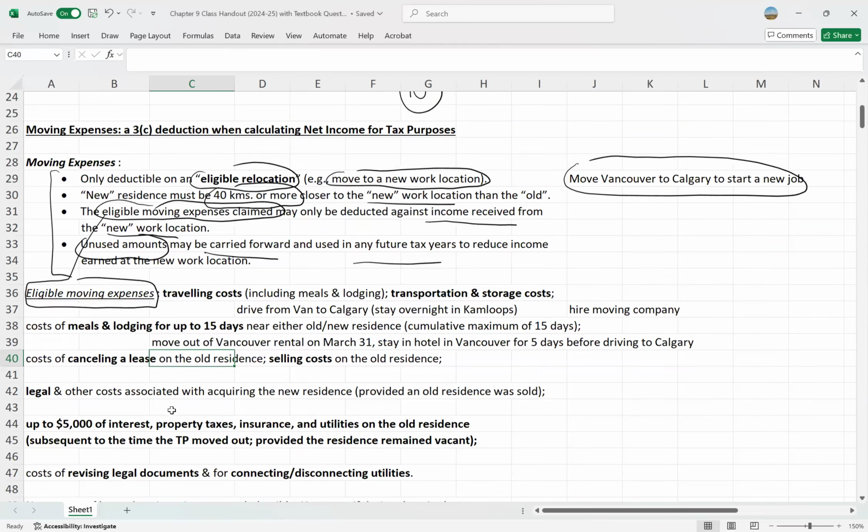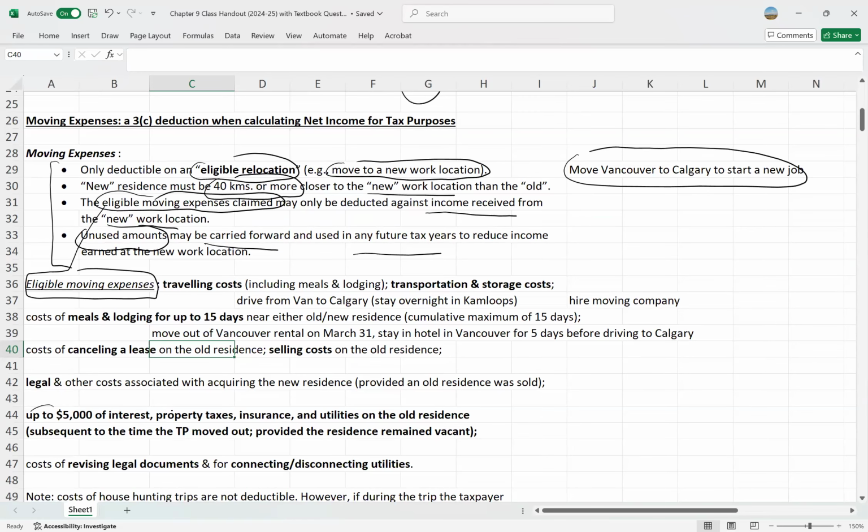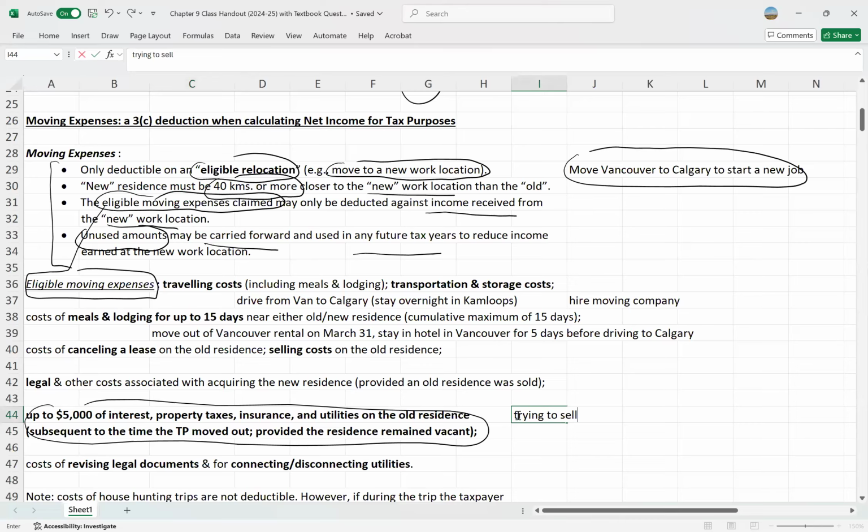And then what about this one here? Up to 5,000 of interest, property tax, insurance, and utilities on the old residence. So let's say you were trying to sell your home in Vancouver and it would not sell, and then you ended up going to Calgary.